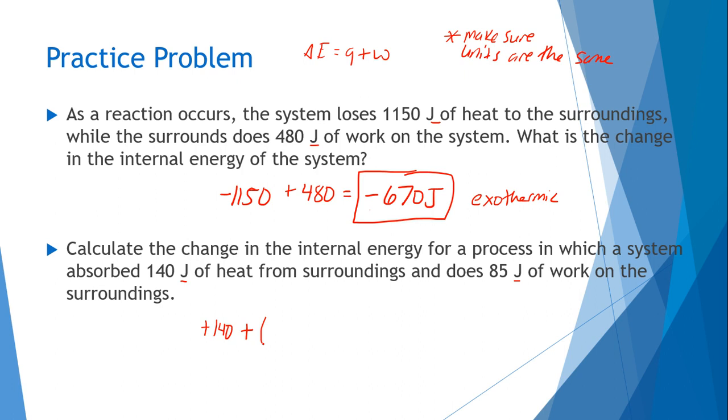So here my negative value is negative 85. When you go to subtract this, 140 minus 85 gives you a difference of 55 joules. Note that this is a positive 55, so you can leave it as 55 or write the positive, either's okay.